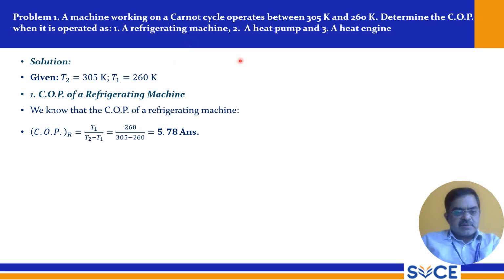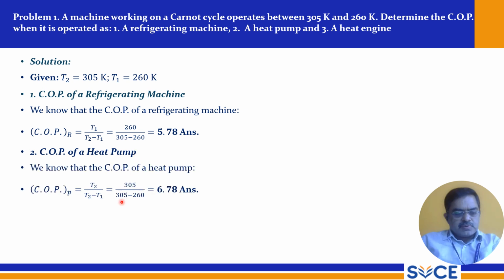And the second part is the heat pump, COP of heat pump. COP of a heat pump is equal to T2 divided by T2 minus T1. So that is 305 divided by 305 minus 260. Here it is T2, whereas in the case of refrigerator it is T1.